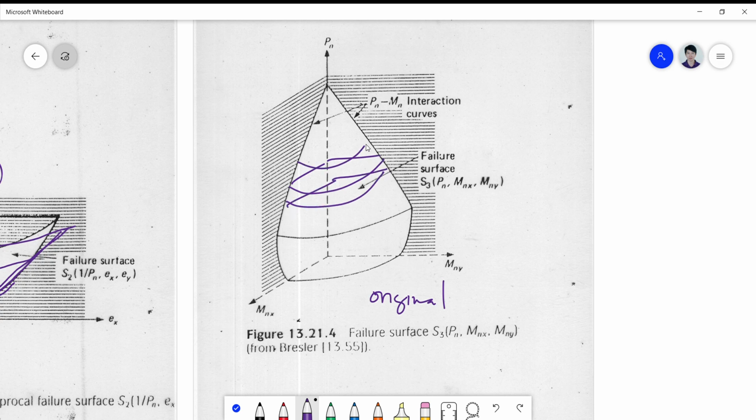So whatever point you wish to place, this is the basis for your column interaction surface diagram and the load contour method. So this is the load contour method.